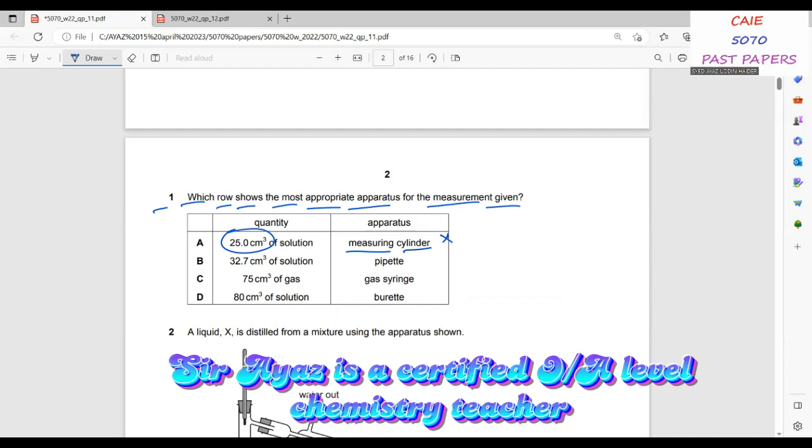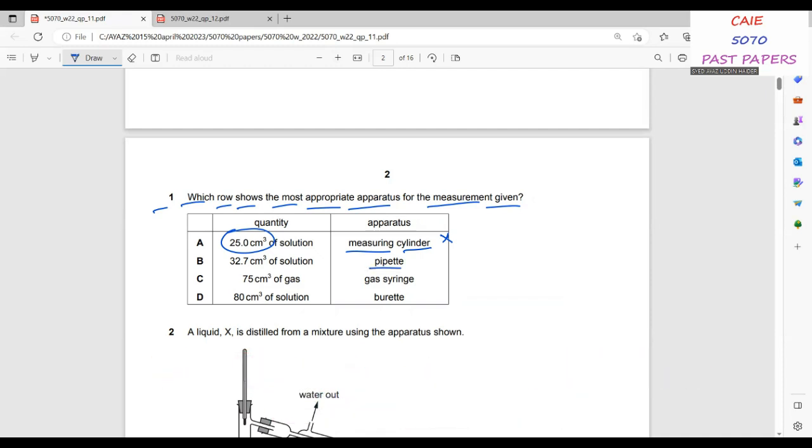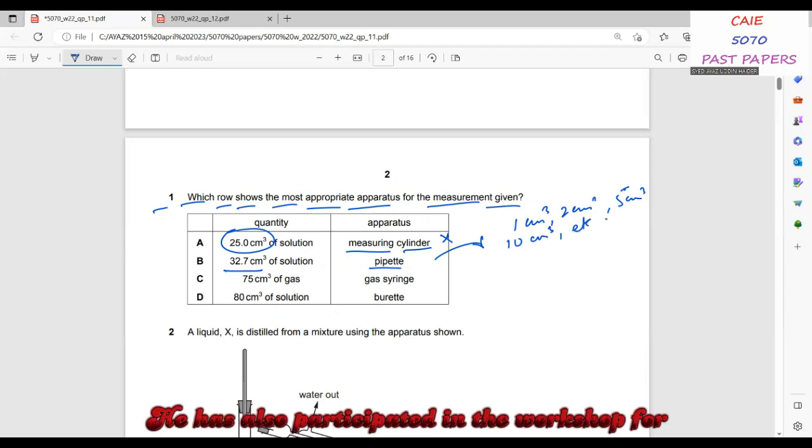For B, we have 32.7 cm³ of solution and we are using a pipette. A pipette is available for very accurate volumes, like 1 cm³, 2 cm³, or 5 cm³, 10, and so on. So we can't have any pipette showing this value. So this is also incorrect.